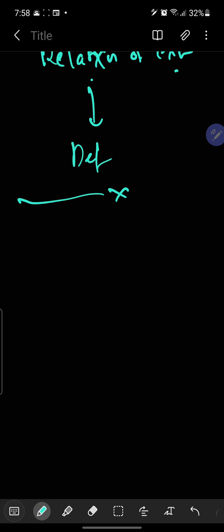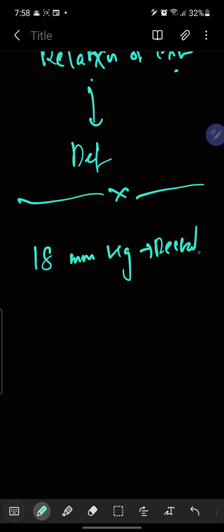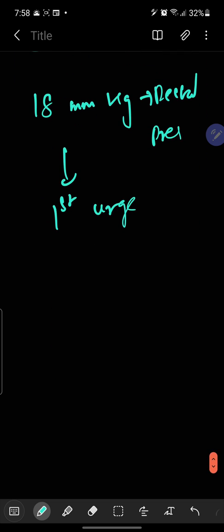Now, two notes are there regarding rectal pressure. When the rectal pressure is 18 millimeter of mercury, there will be the first urge for defecation.